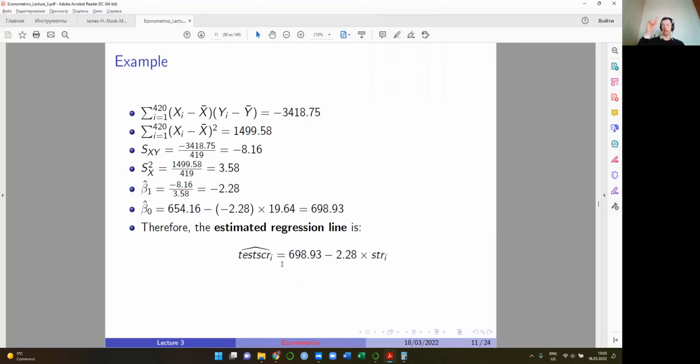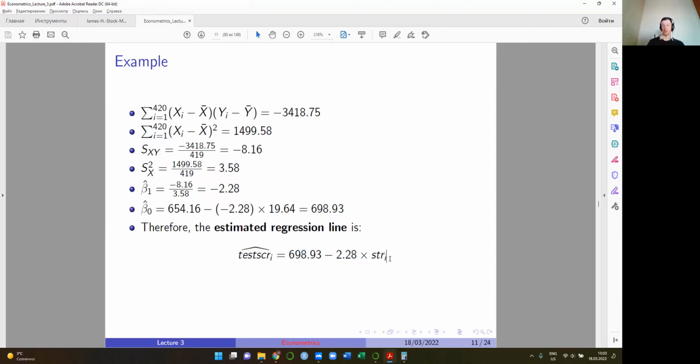Test score hat, because this is the predicted part of test score and not the exact test score, equals beta 0 hat, 698.93, minus beta 1 hat 2.28 multiplied by the student to teacher ratio.